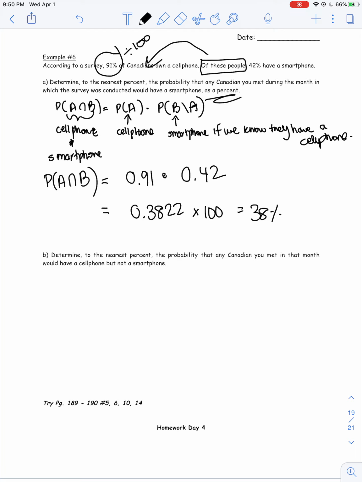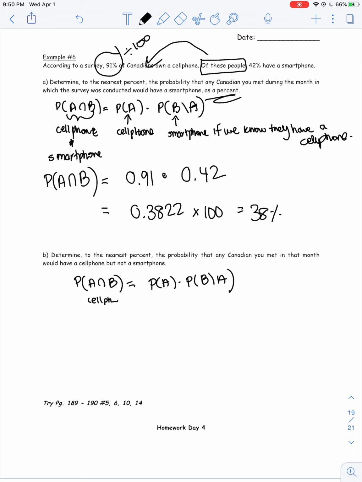Now we still need the previous information, but they want the nearest percent, the probability that any Canadian you met in the month would have a cell phone, but not a smartphone. So probability of A intersecting with B is equal to probability of A multiplied by probability of B occurring if A already happened.